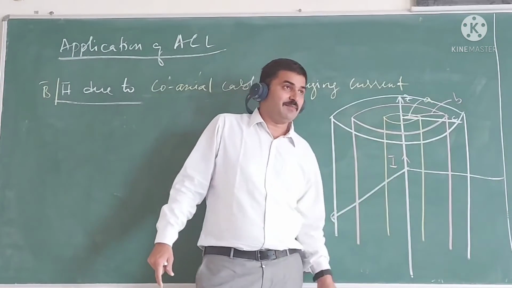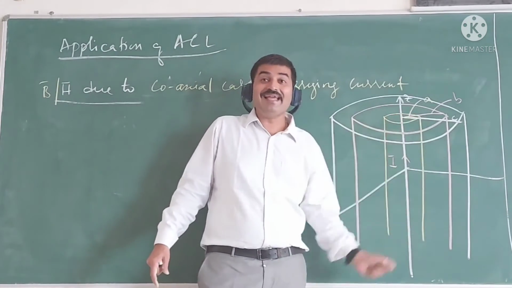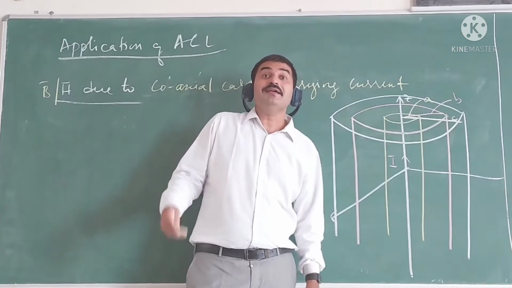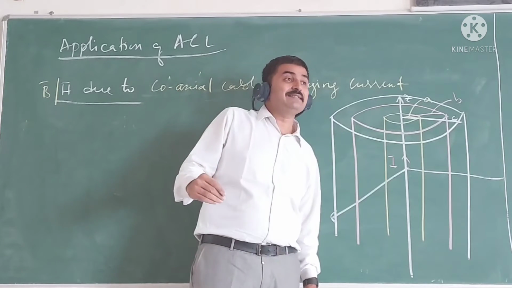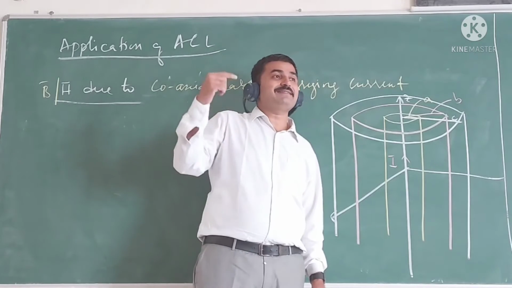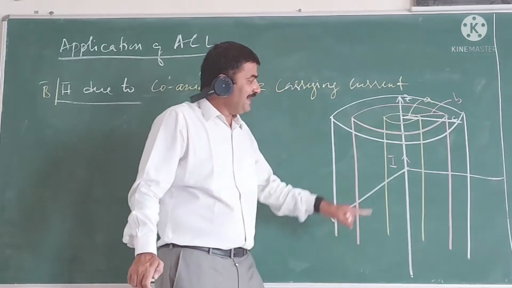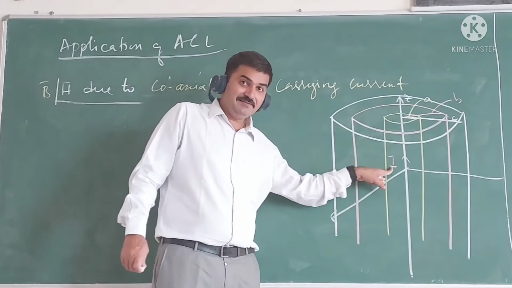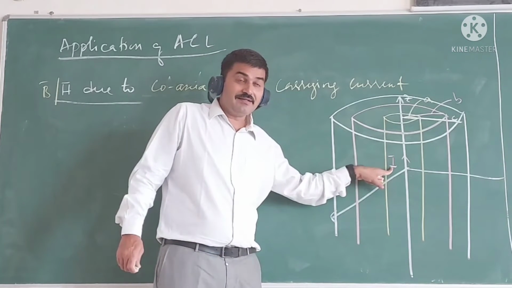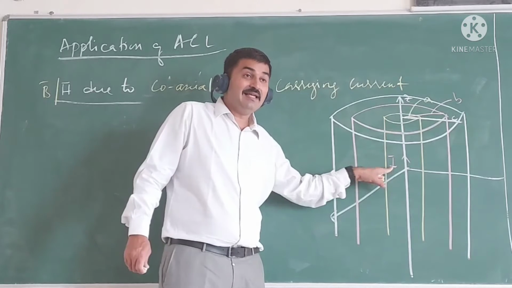Consider a coaxial cable with inner conductor of radius A and outer conductor with inner surface radius B and outer surface radius C. Then the inner conductor carries current I.